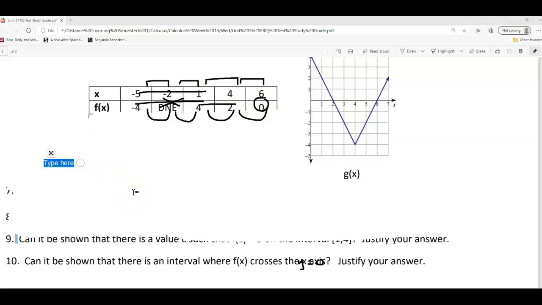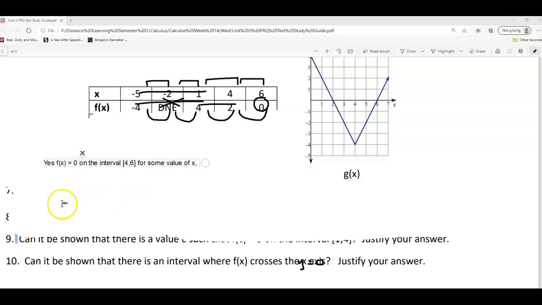So here's how I would encourage you guys to word it. I would say, yes, f of x, or you could say c, it doesn't matter, equals 0 on the interval of 4 to 6 for some value of x.